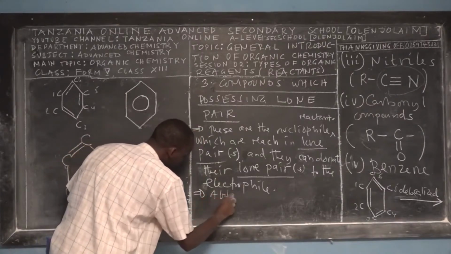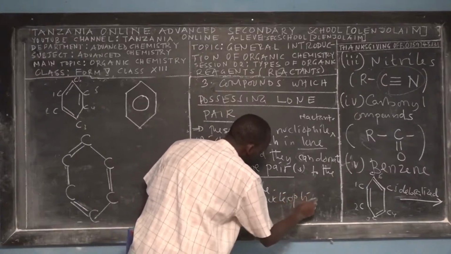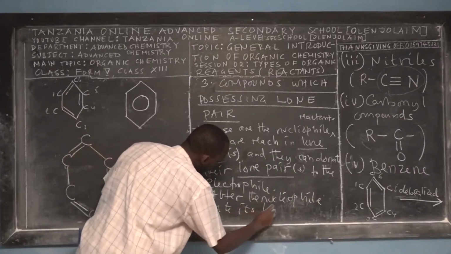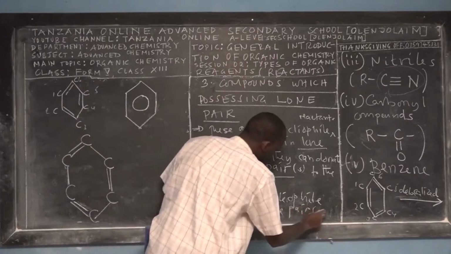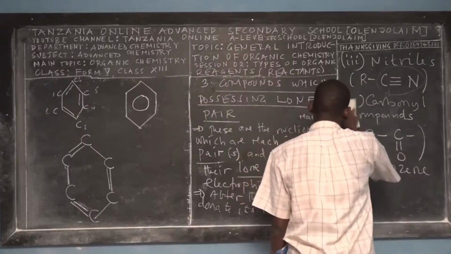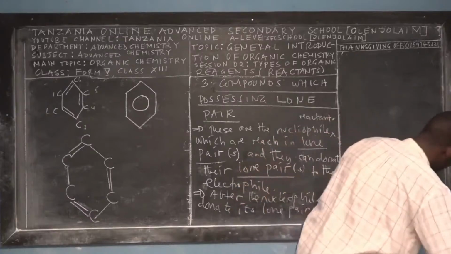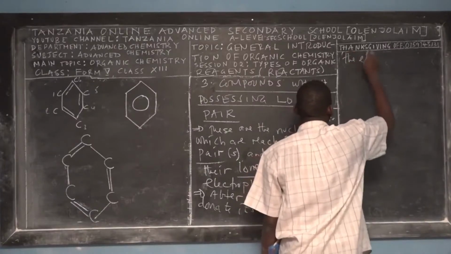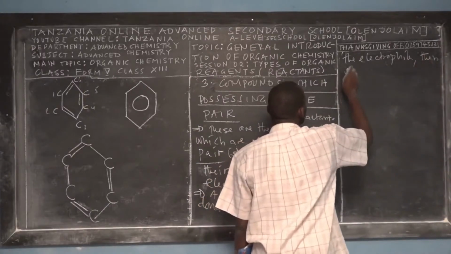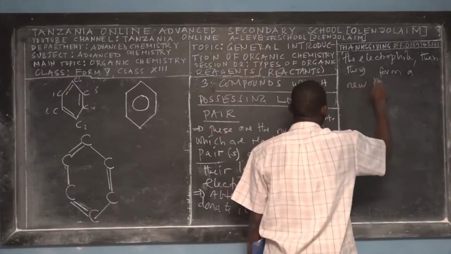So we say, after the nucleophile donates its lone pair to the electrophile, then they form a new bond.